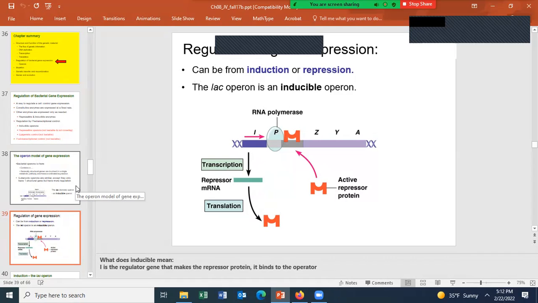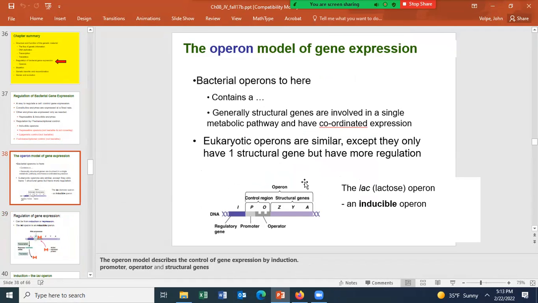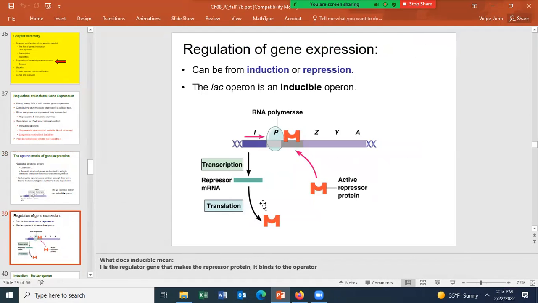In the last slide, all we did was introduce the operon, where it had the promoter, the operator, and then the structural genes in the operon. So the lac operon is the only operon we're going to talk about. It is an inducible operon.